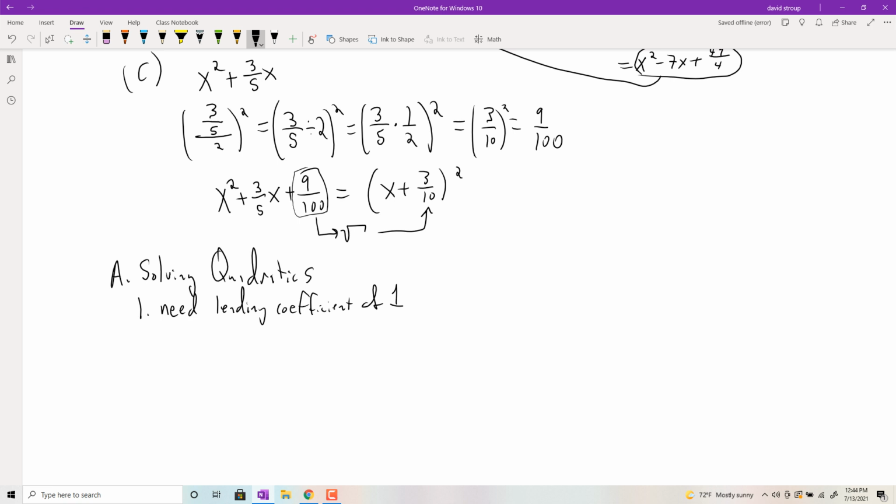If you don't have that, you'll eventually have to divide by the leading coefficient. I will show you an example of that in this section. Secondly, once you've accomplished that, you need to add that b over 2 squared to both sides of the equation.